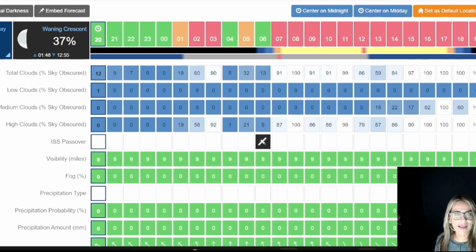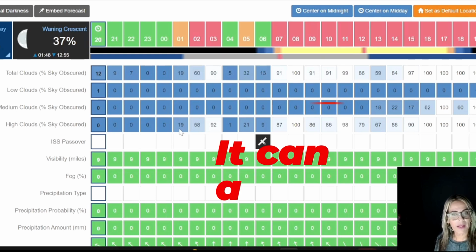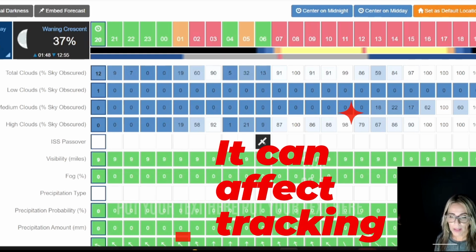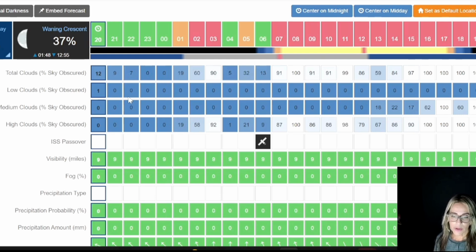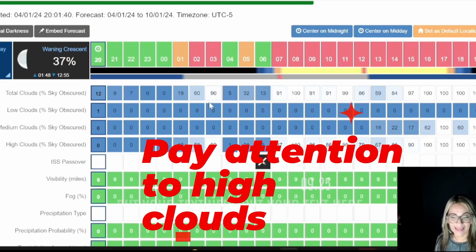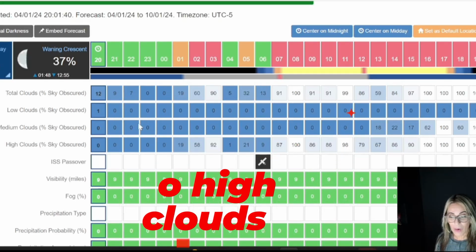You don't want to be out doing astrophotography when it's like that. Even 19 may be trouble, and it's going to tell you the percentages. So all that to say that ideally you would like to photograph when it's dark blue and it has low numbers. It's all about the low, medium, and high clouds.